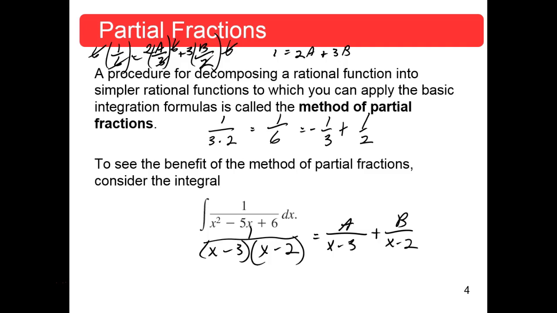Now, this looks like it's not fair to do, but it's okay. Let's just say, what if b were equal to 0? Then a would be 1/2. And if a were 0, b would be 1/3.